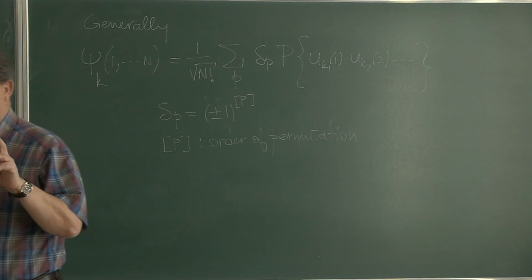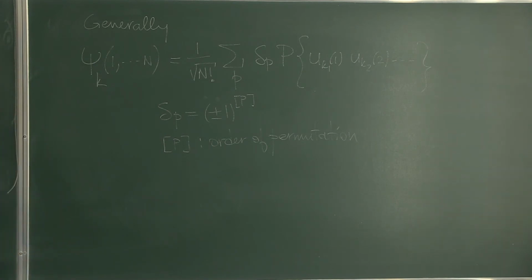So if you interchange two particles once, and if you do it once more, interchange them once more, you get back the same function, even in the fermionic case. So what is the order of permutation is important. Are you doing it once, twice, or 3 times is extremely important.